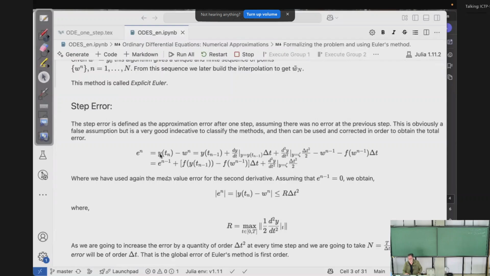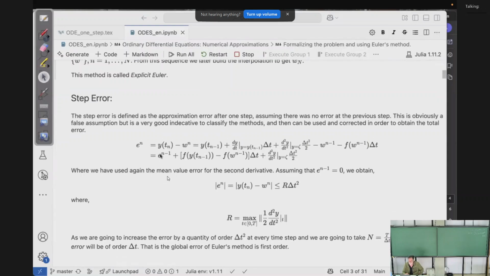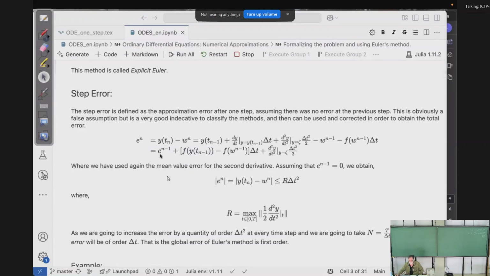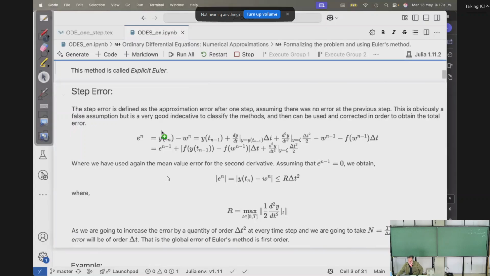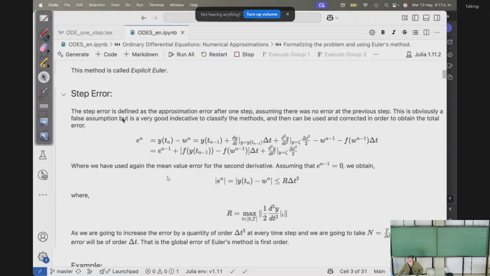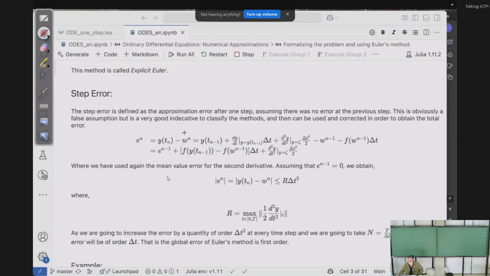So we want to compute the error, which we call the step error here, and it's the difference between the real solution at this time, Tn, minus the approximation at this time. And for doing that, we use Taylor series, so we expand this thing with the earlier time.